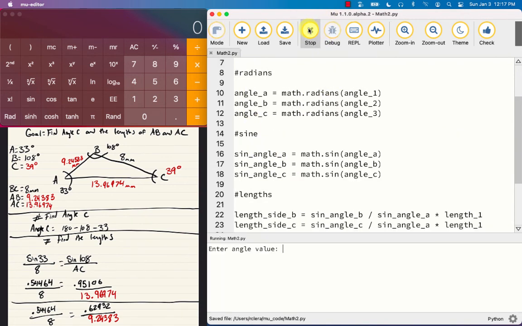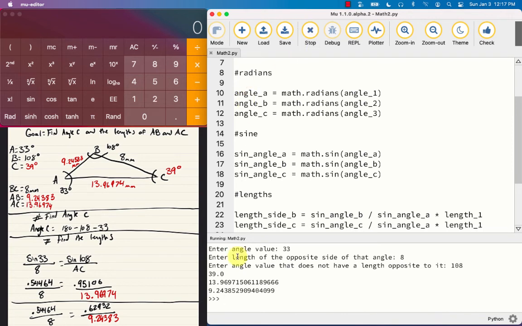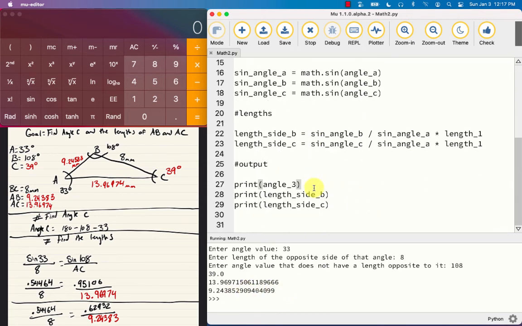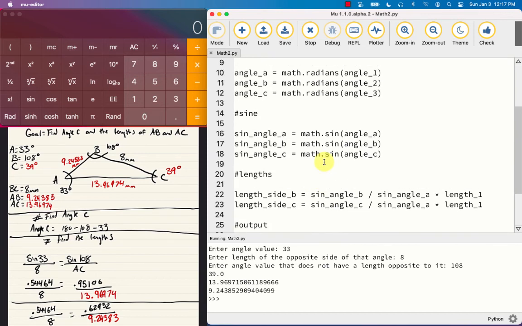And we'll run it again. So run it. We have 33. This was 8. This was 108. And then boom. 39 degrees, 13.969, 9.24. And yep, there you go. So now we did the same thing that we did by hand in Python.